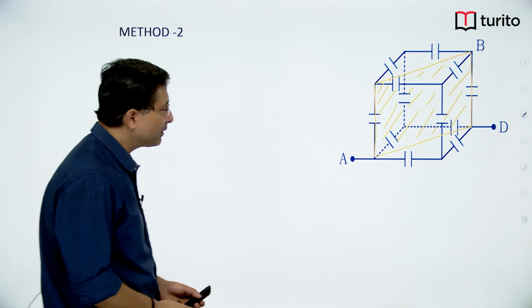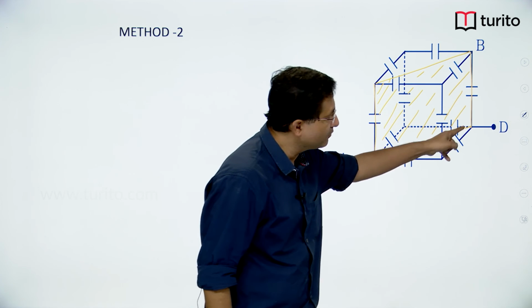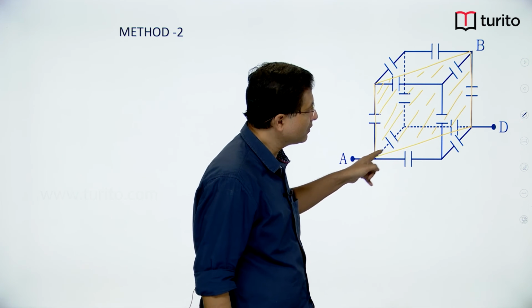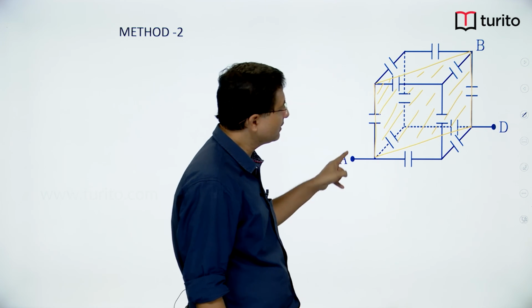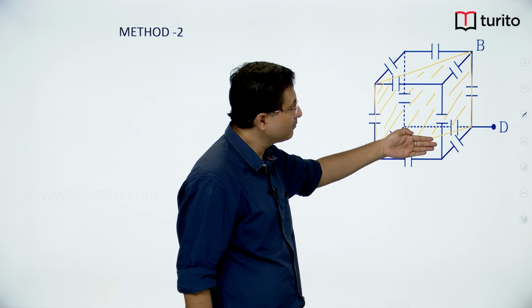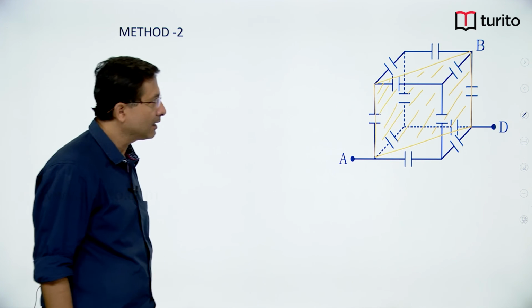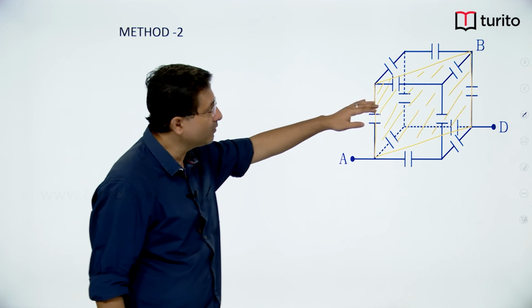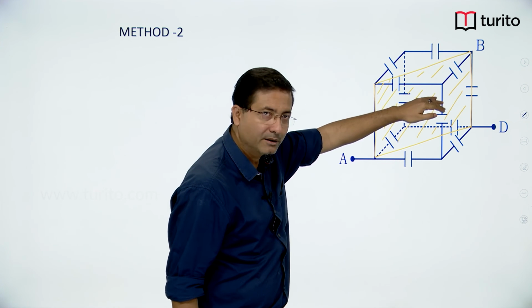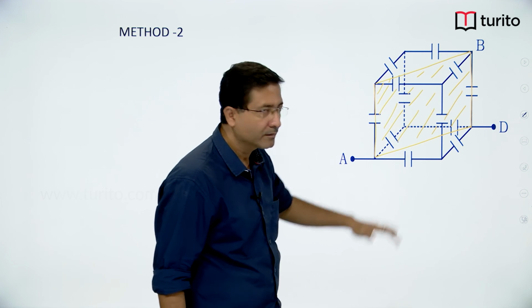So, a plane passing through the diagonal of this face, because we are going to connect the battery across AD, so we need to take a plane passing through this diagonal. About this diagonal, whatever I am getting on the other side, I am getting the same thing in front of the plane.